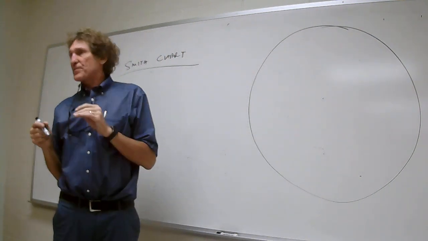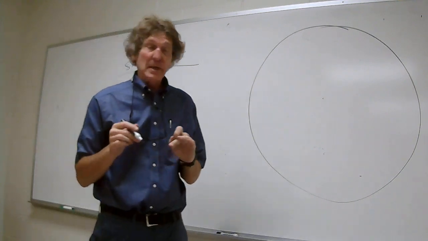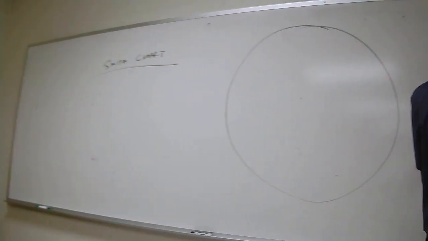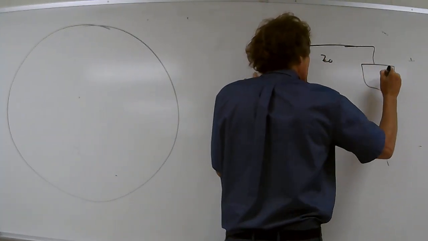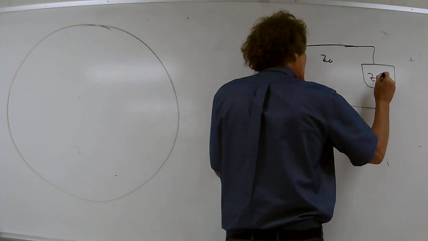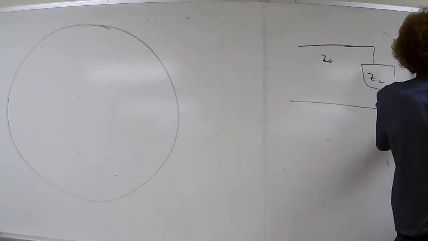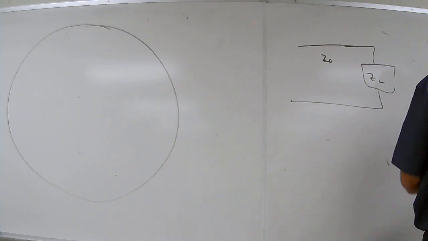Now, what's actually shown here are trajectories of the normalized impedance, for starters. So if we have a circuit, and we have a characteristic impedance Z0, and we have a load ZL, what we do first when we use a Smith chart is we find something called the normalized input impedance, which is ZL over Z0.